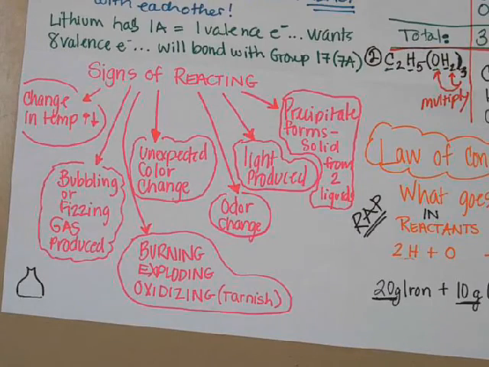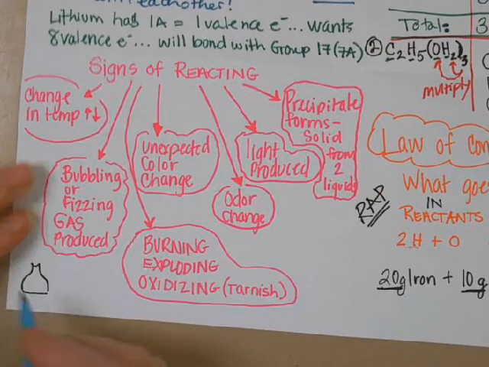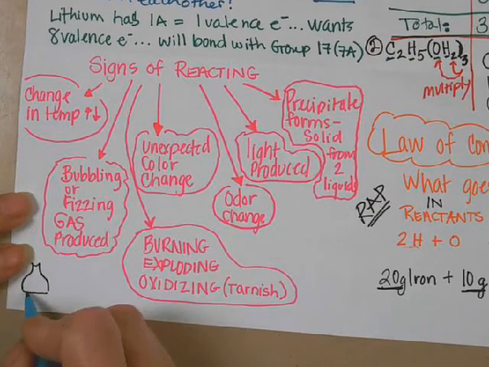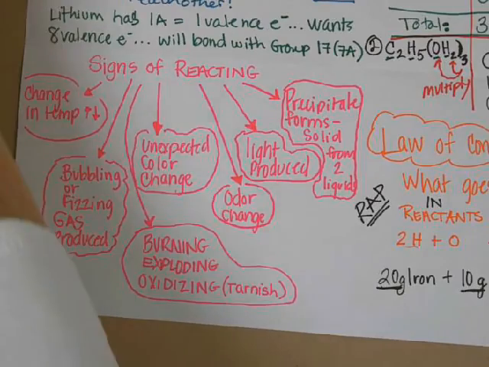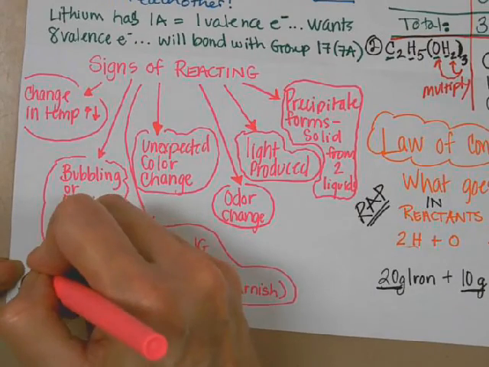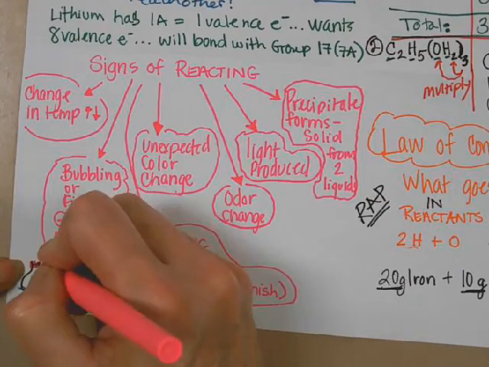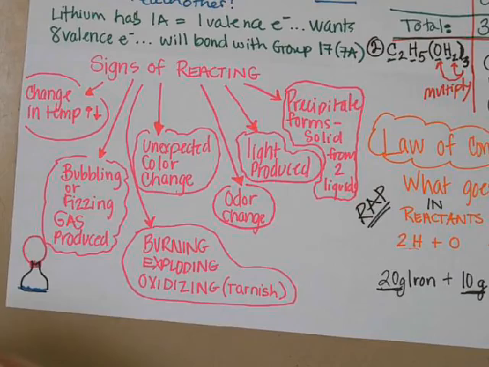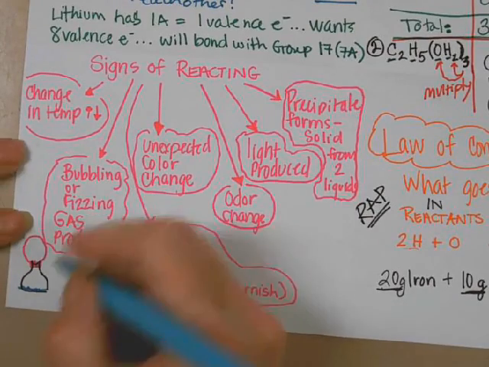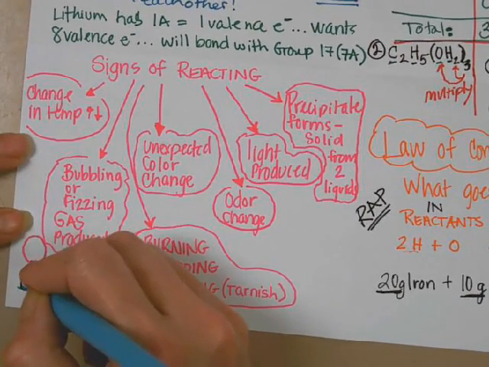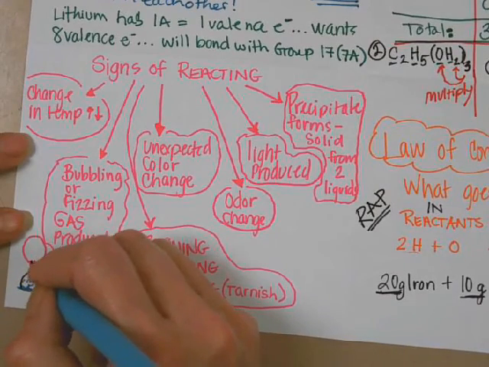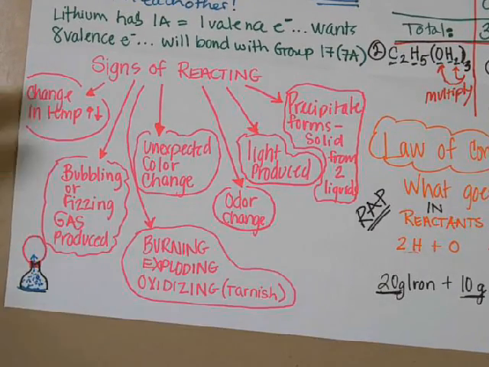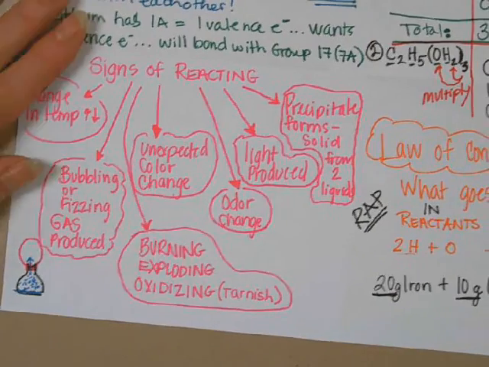We had put vinegar in here, so there was vinegar, and then we put baking soda in our balloon, and then put our balloon over the top, poured the baking soda in, and it blew up our balloon. So that would be an example of gas produced. Remember, it blew it up because it started fizzing and bubbling. Do y'all remember that? I hope so. All right, so that would be an example of a gas production.